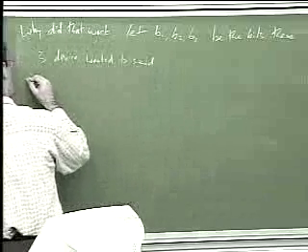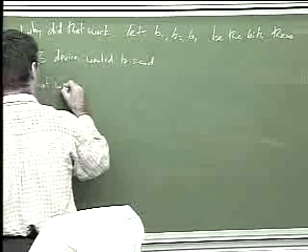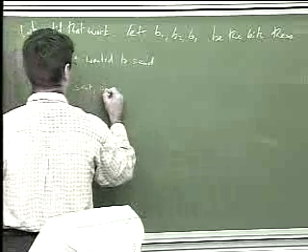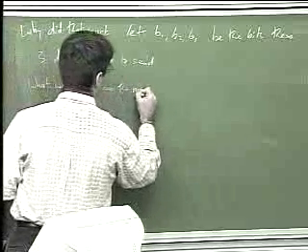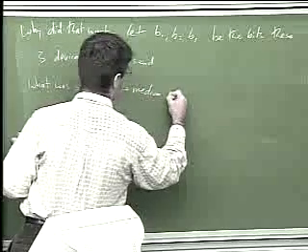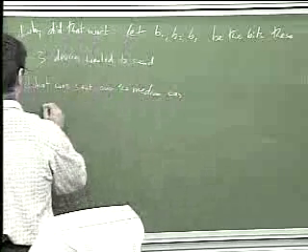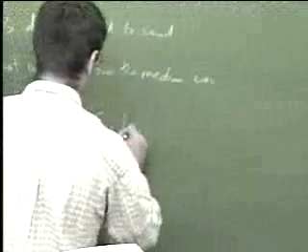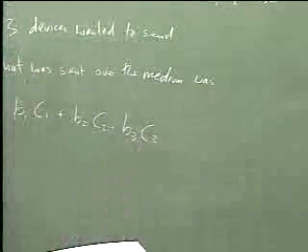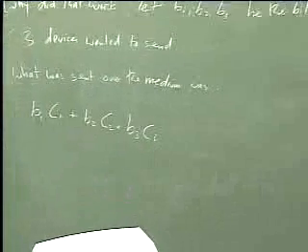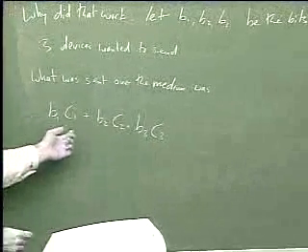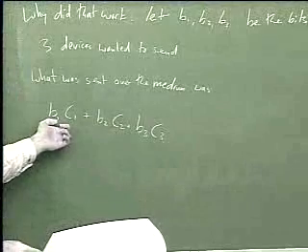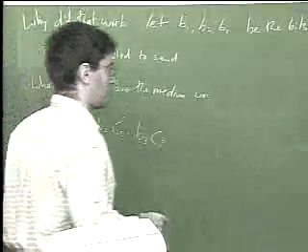So what was sent over the medium was B1 C1 plus B2 C2 plus B3 C3. Right? Just multiplying the sequence by the bit. Okay?